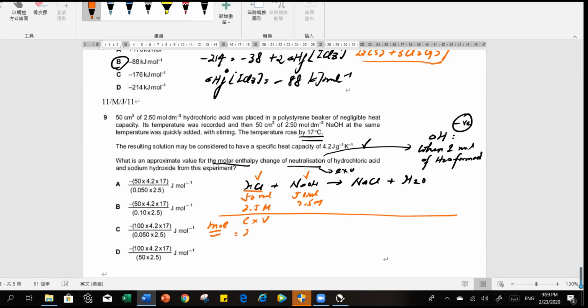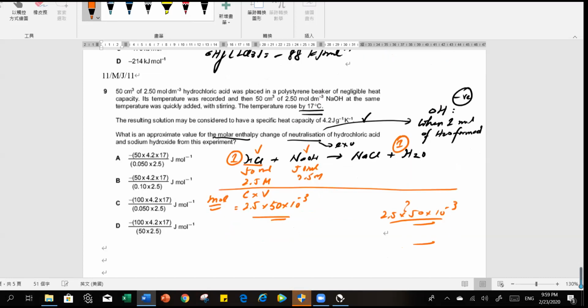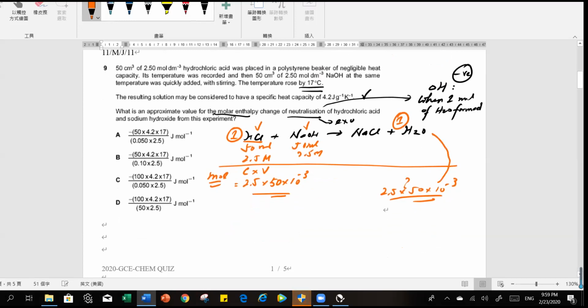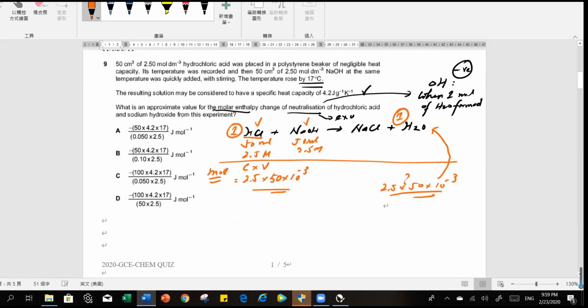So it will be 2.5 times 50 times 10 to the power negative 3. Now, since this is 1 to 1, the number of moles of water will be the same. It will also be 2.5 times 50 times 10 to the power of negative 3, okay? So that is the number of moles of water formed. Remember this number first, okay?